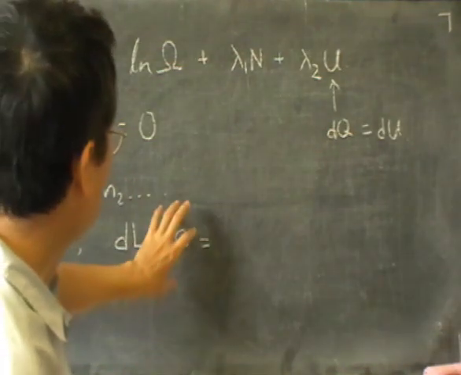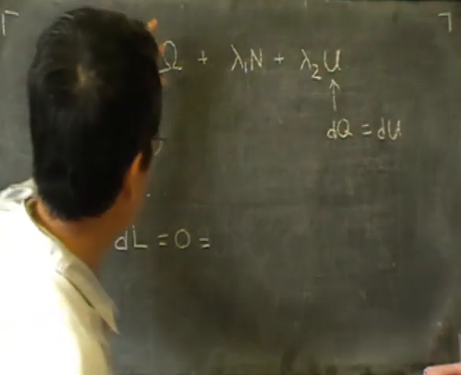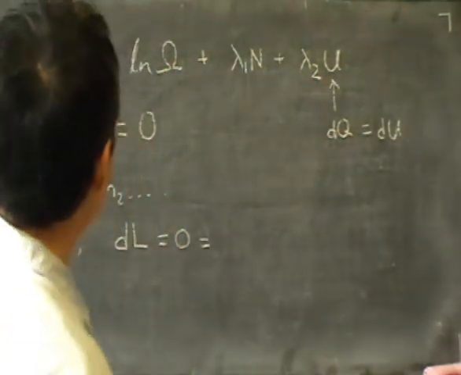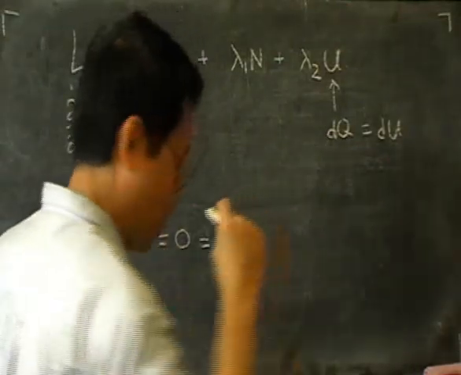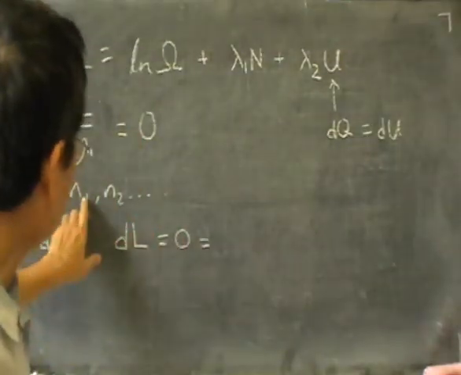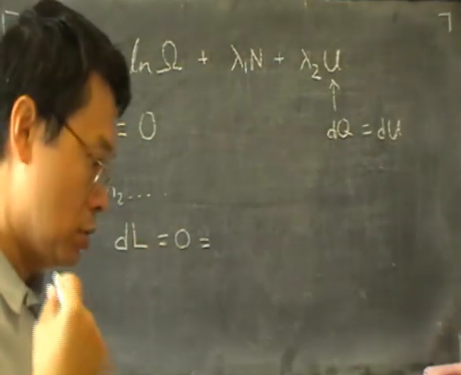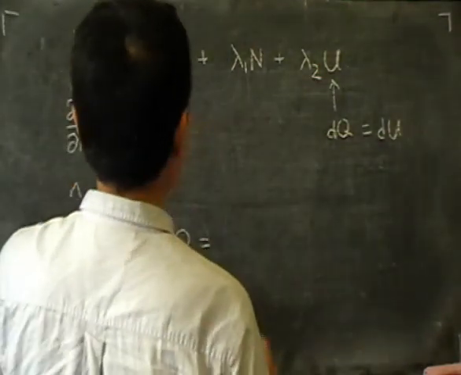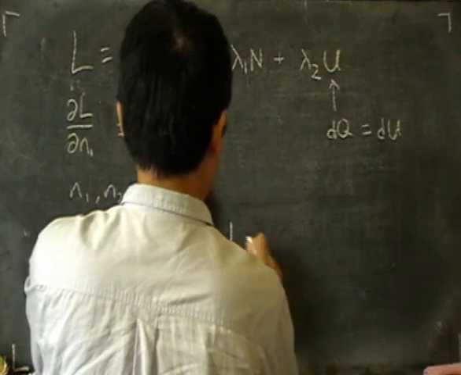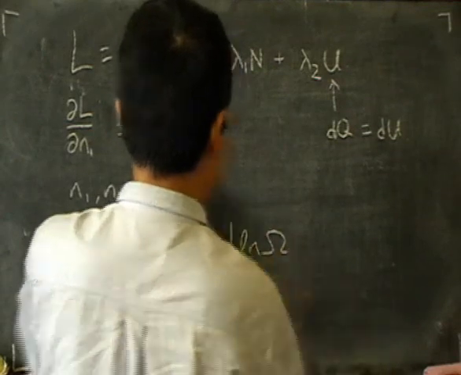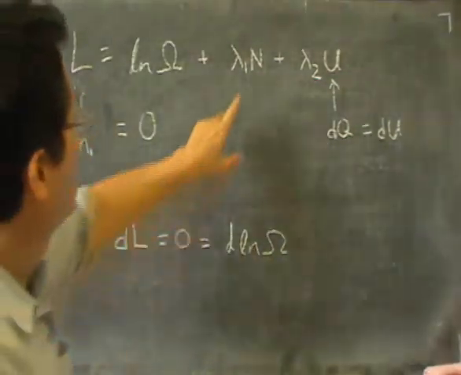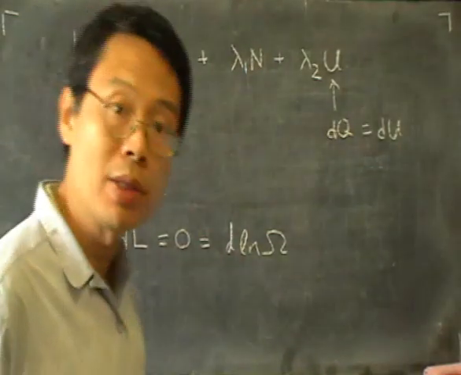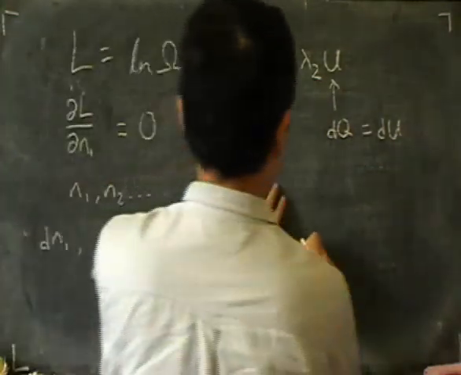But what I want to do now is to look at these quantities. So if the N1 or N2 changes a little bit, the number of arrangements omega would change a bit. The total number of particles is fixed, so that doesn't change.